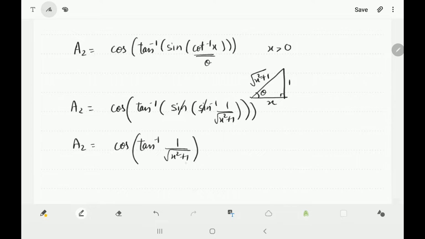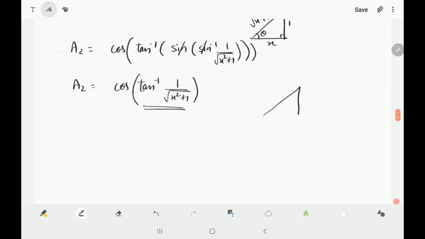Let's consider this angle as beta. So we will have a triangle in which this angle is beta. So tan beta is 1 upon under root of x square plus 1. This side will be, using Pythagoras, under root of x square plus 1 plus 1, so it will be under root of x square plus 2.